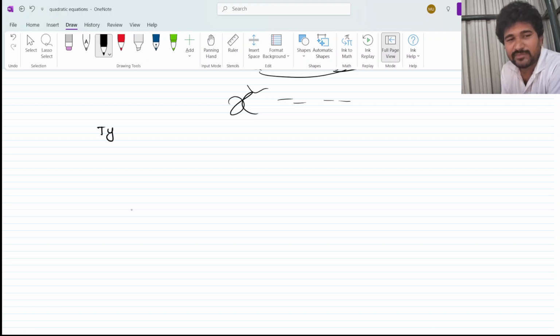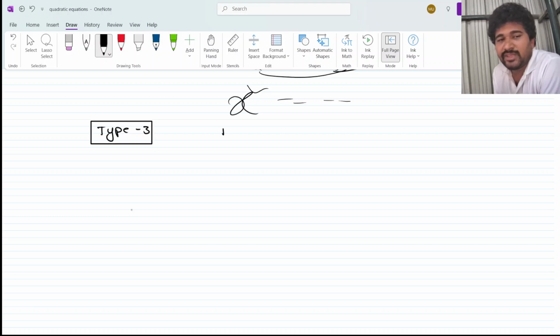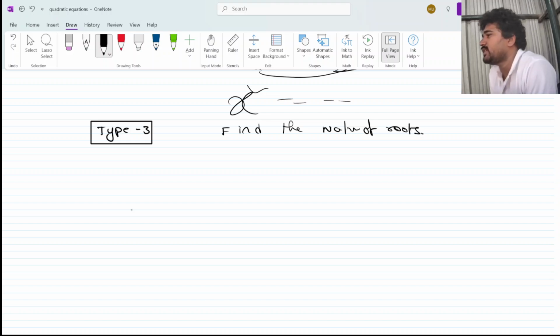Type 3: simple question. Find the nature of roots. Type 3 question: find the nature of roots. Simple question, you have to find it easily.